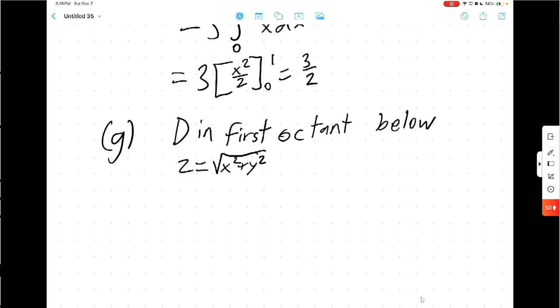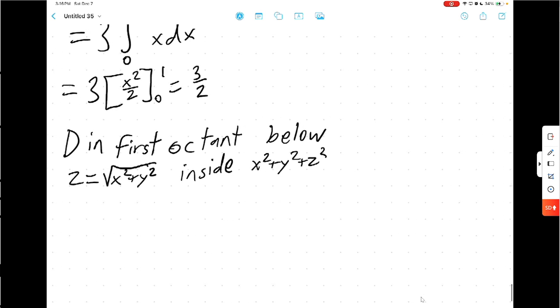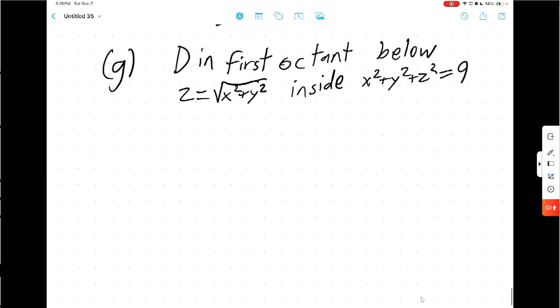And is inside x squared plus y squared plus z squared is equal to 9.